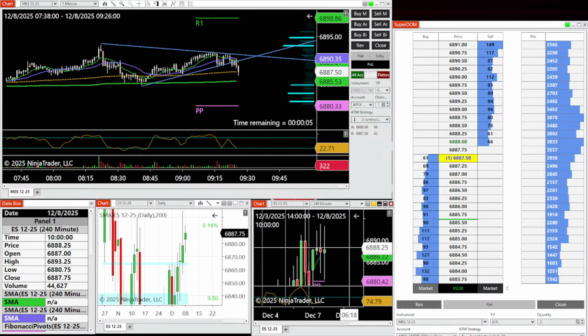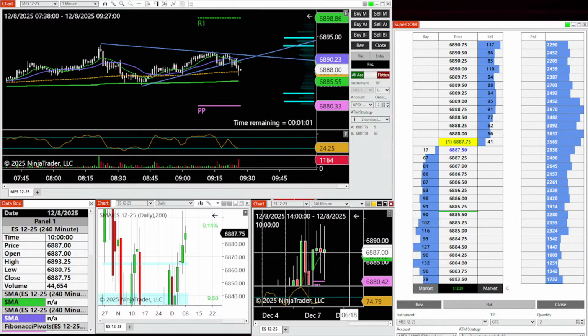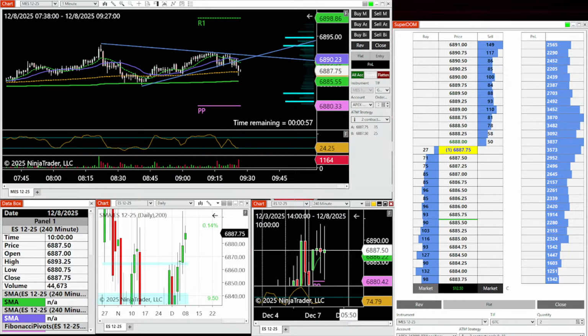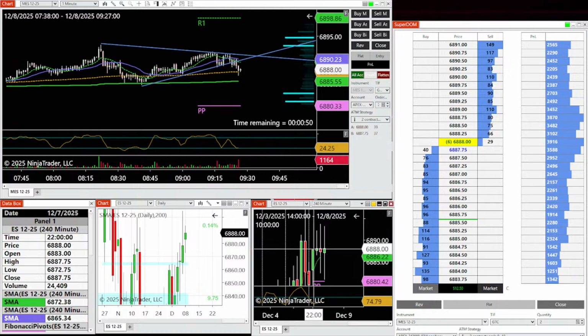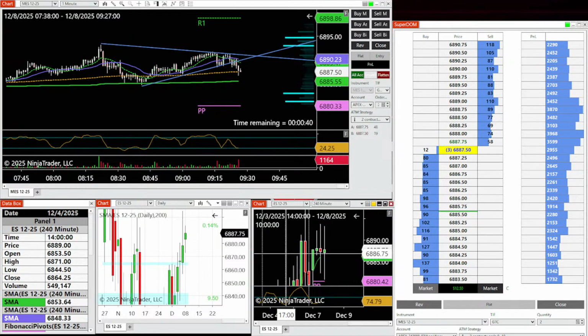On the $240 chart, price keeps coming back to this 85, 88 area. The close on this bar is 87. So price keeps coming back to this area here. 87, 88, 85, 88. Low one here is 86.